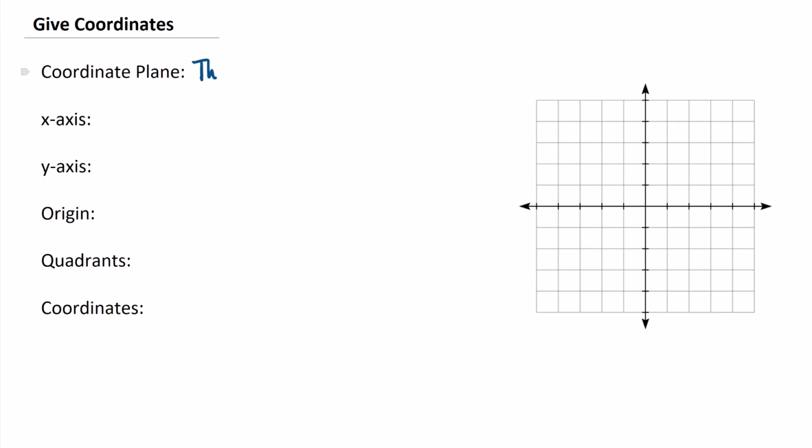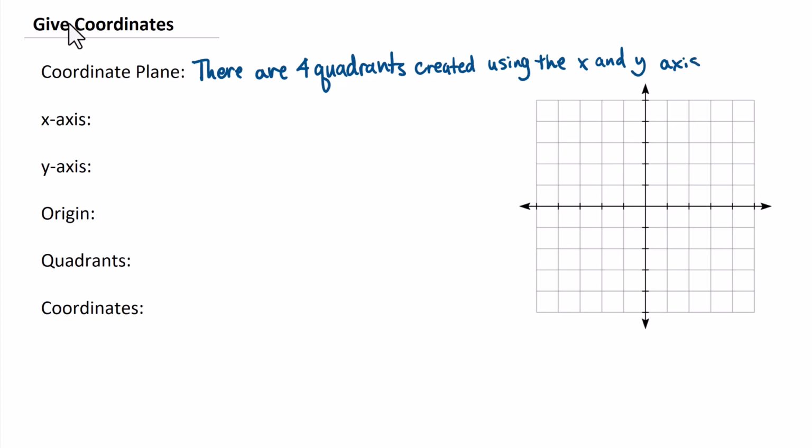There are 4 quadrants created using the X and Y axis. We'll use Y for the vertical axis and X for the horizontal axis.